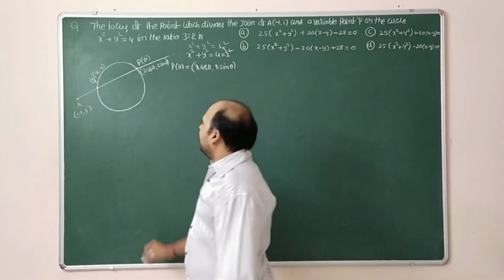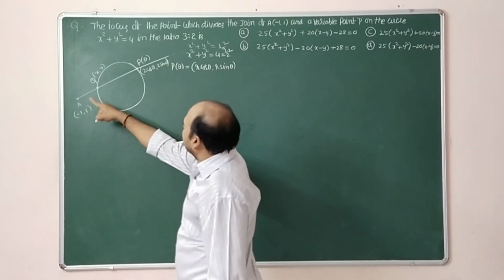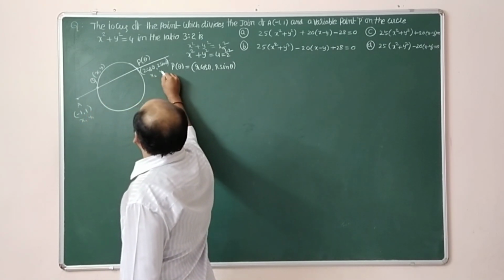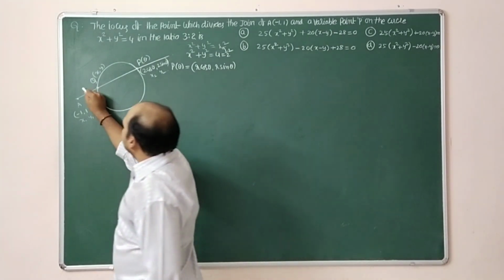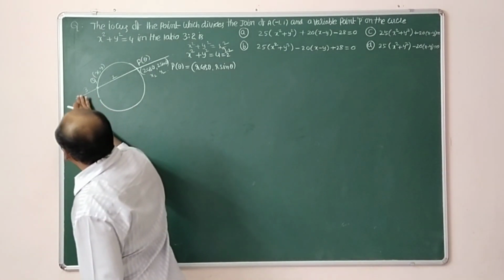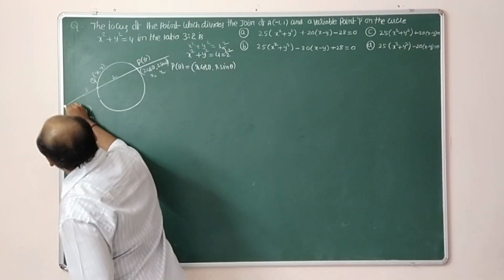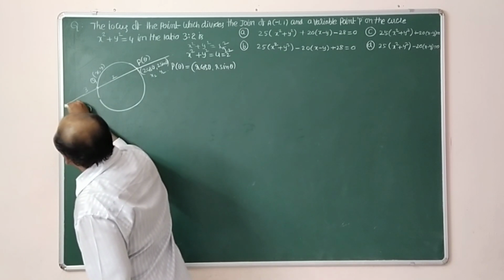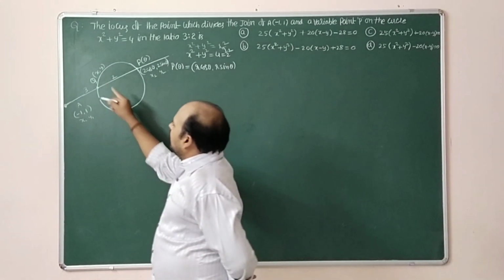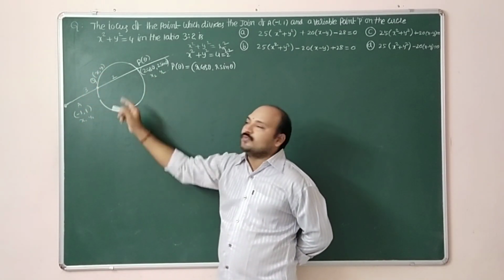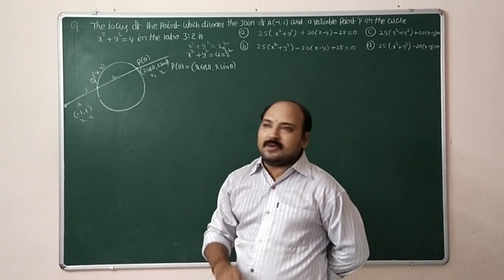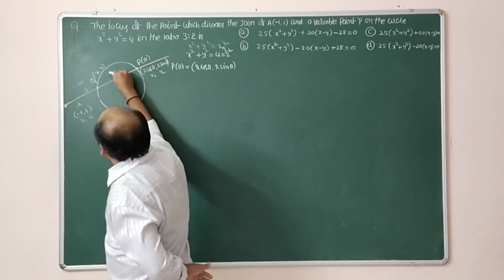Separately we will draw this line: A is (x1, y1), P is (x2, y2), and Q divides AP in the ratio 3:2. The formula is (mx2 + nx1)/(m + n), (my2 + ny1)/(m + n). So this is m, this is n.